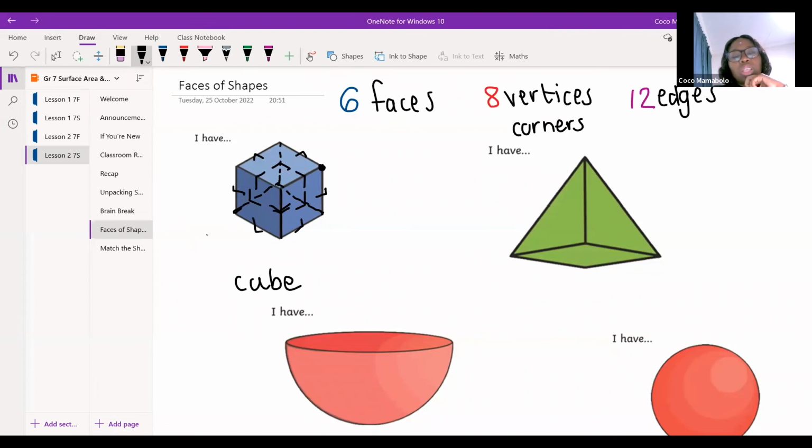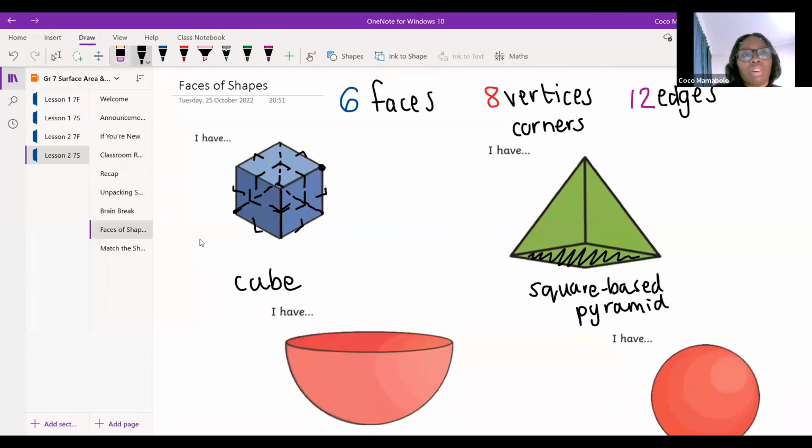Okay, what is this shape called? A square-based pyramid. Good. Why square-based? Because it has a square on the bottom. Good, right there, I have a square at the bottom. Excellent. Now, I want somebody to remind me again.